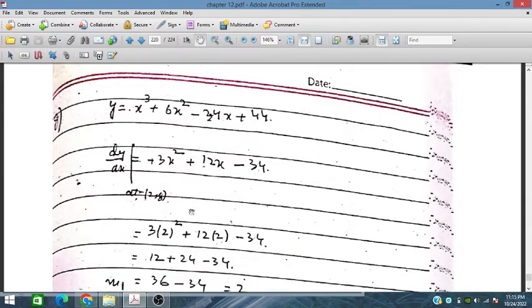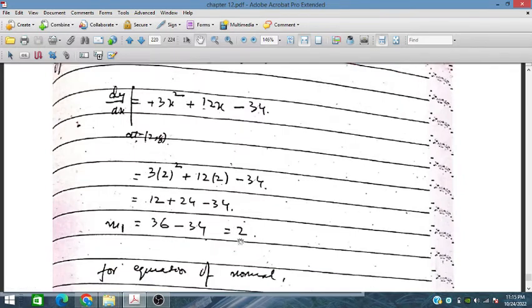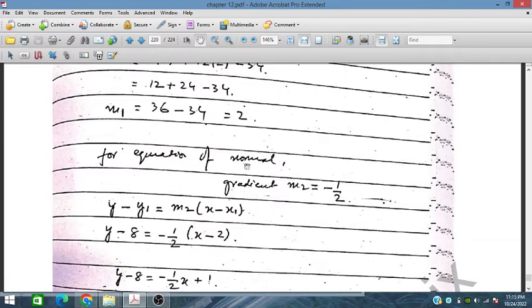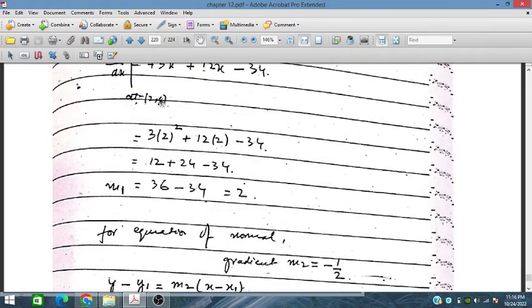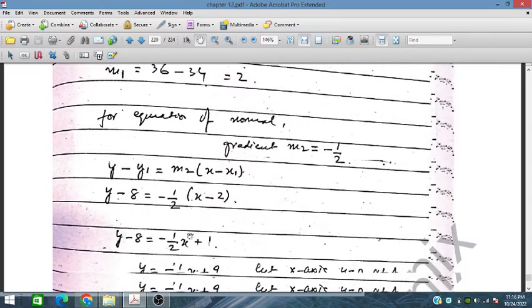We have calculated dy by dx at the point (2, 8), and we have substituted this value to get the slope. In this problem we have to find the equation of the normal. So the slope is obtained as 2. So for the equation of the normal, the gradient would be minus 1 over 2. Then we place the point, which is 2 and 8, as given.